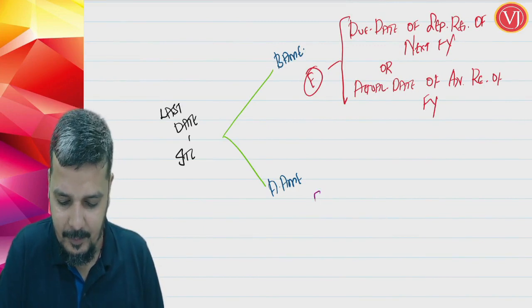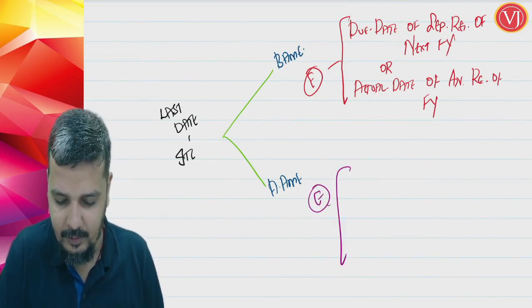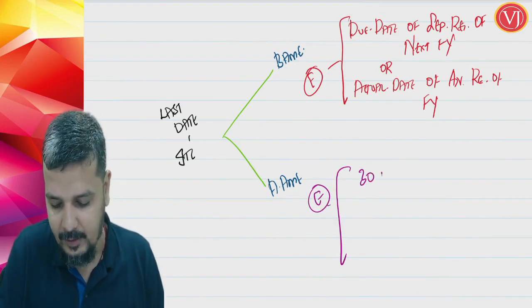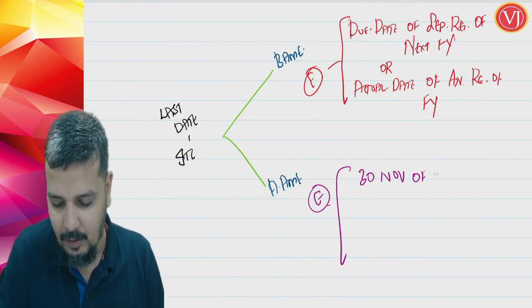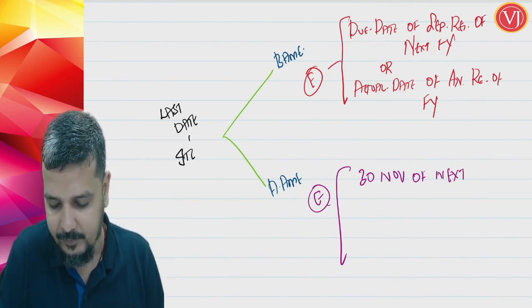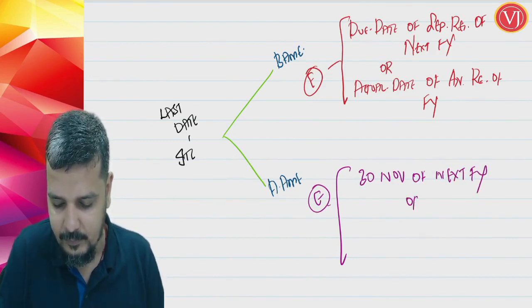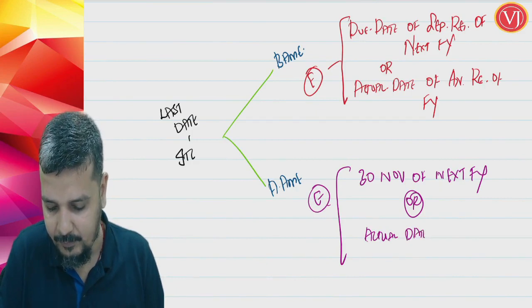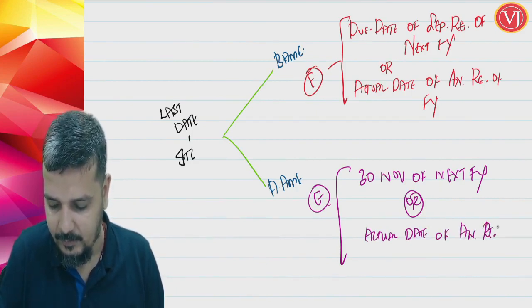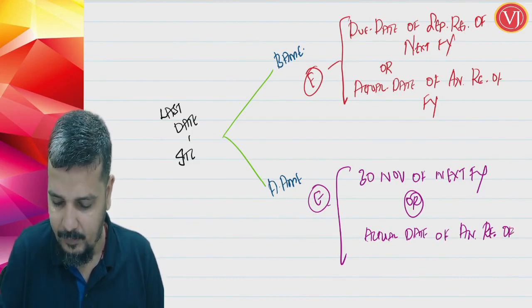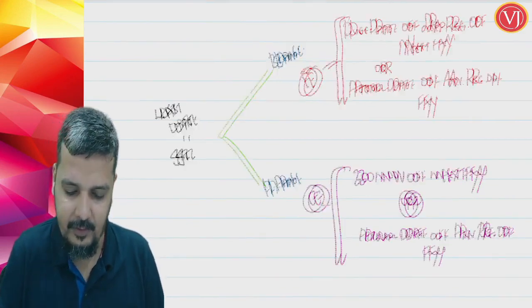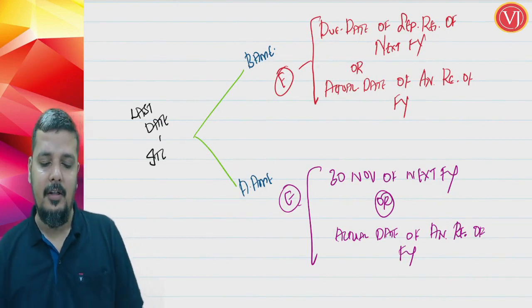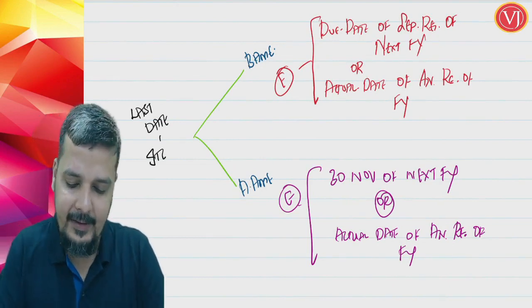Now, after the amendment, it is not the due date. It is 30th of November of next financial year, or, the second part remains the same, actual date of annual return of that particular financial year, whichever is earlier. So this area is amended.